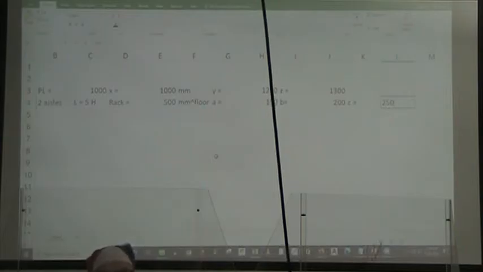All right, so they're making it a little bit tricky in that we have to calculate backwards to an extent.